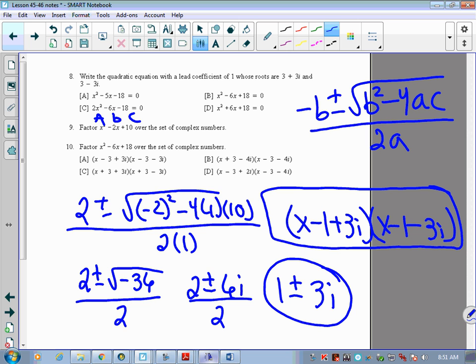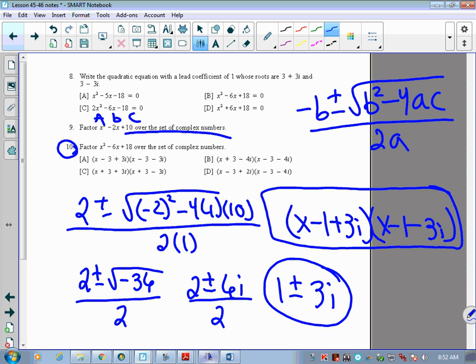Okay? I'd probably give you half credit on that. So I'm trying to tell you right now, write this down in your work, because they said over a set of complex numbers, so they want that whole thing. Okay? All right. And you'll notice number 10 puts it in that format.